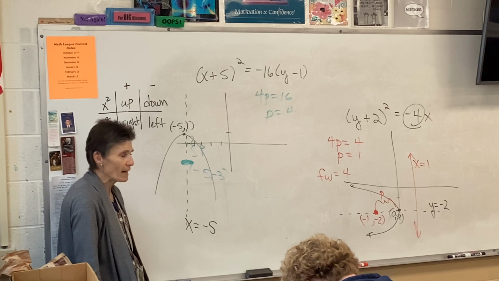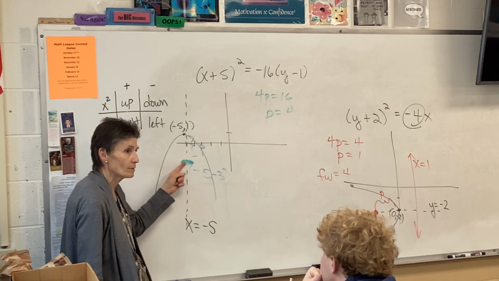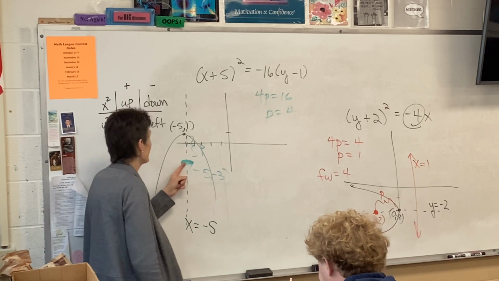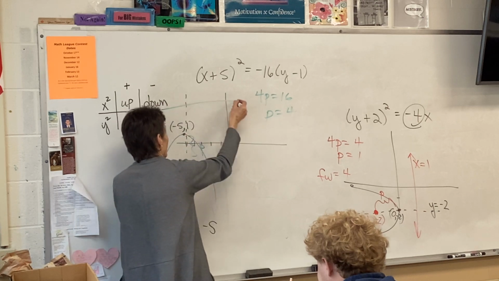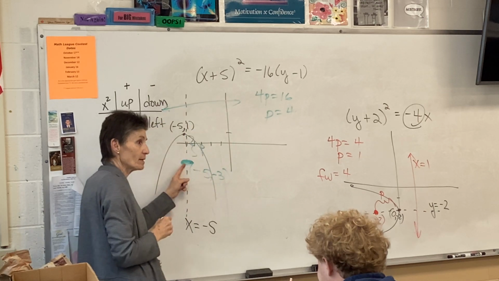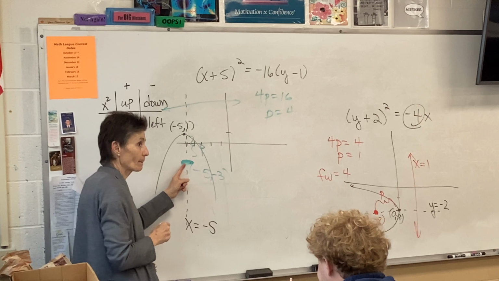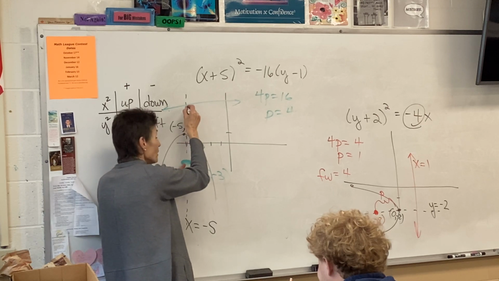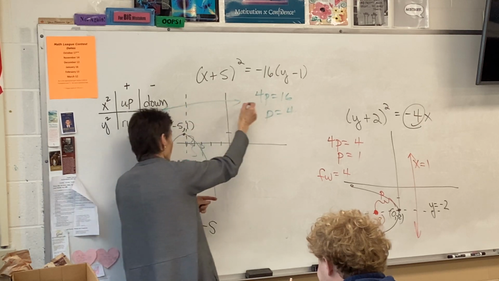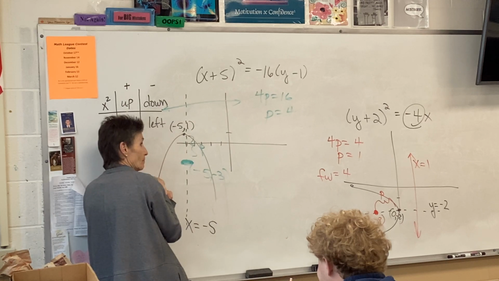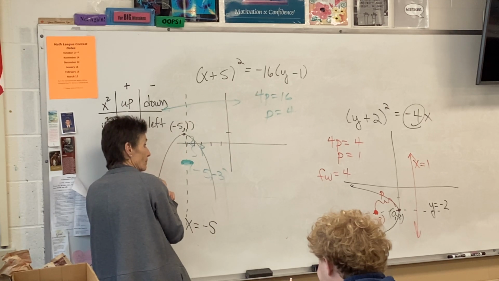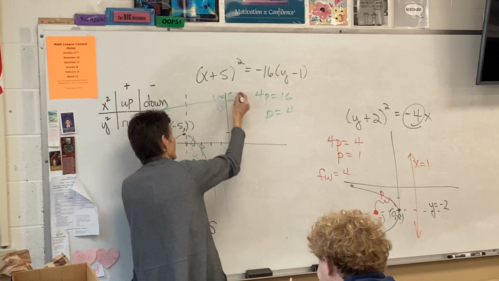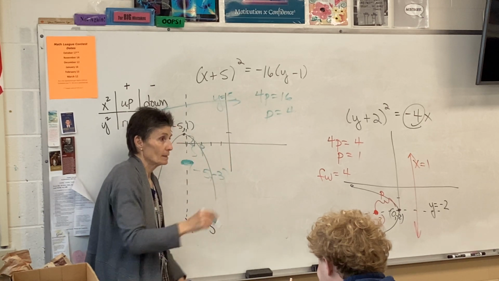Now, if we counted down 4 for the focus, then I'll have to go up 4 for my directrix. So count up 4 and tell me the equation of that line. Y equals 5. Evan's got it.